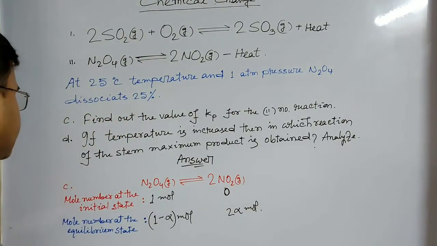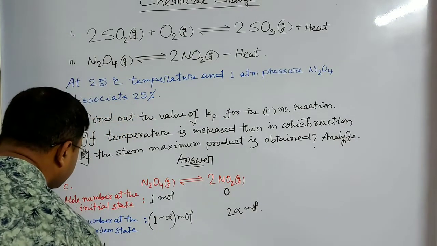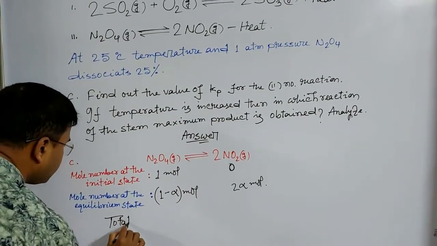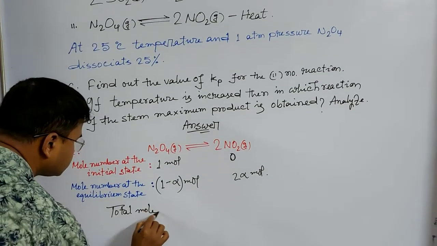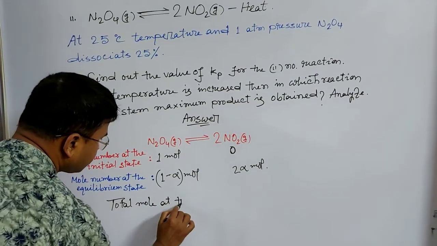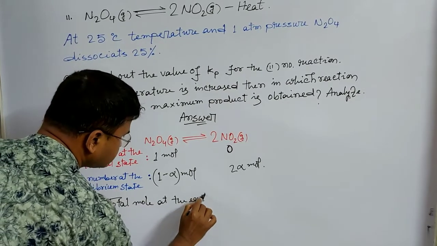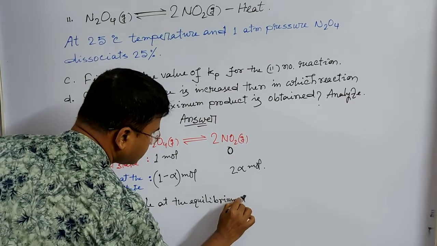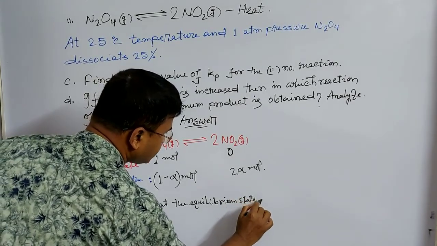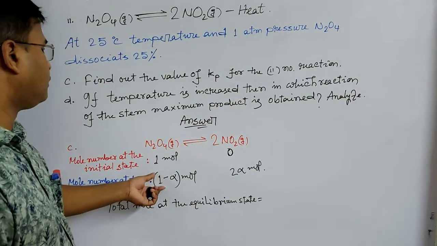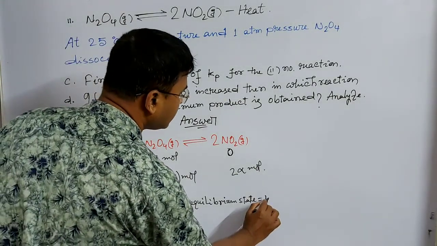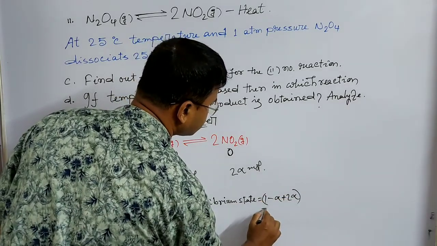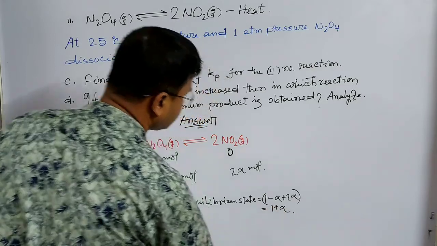And the total mole number at the equilibrium state is equal to 1 minus alpha plus 2 alpha, equals 1 plus alpha.